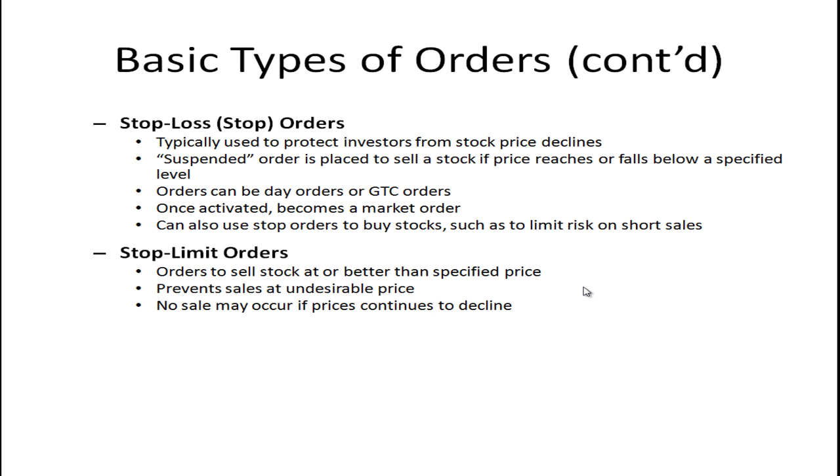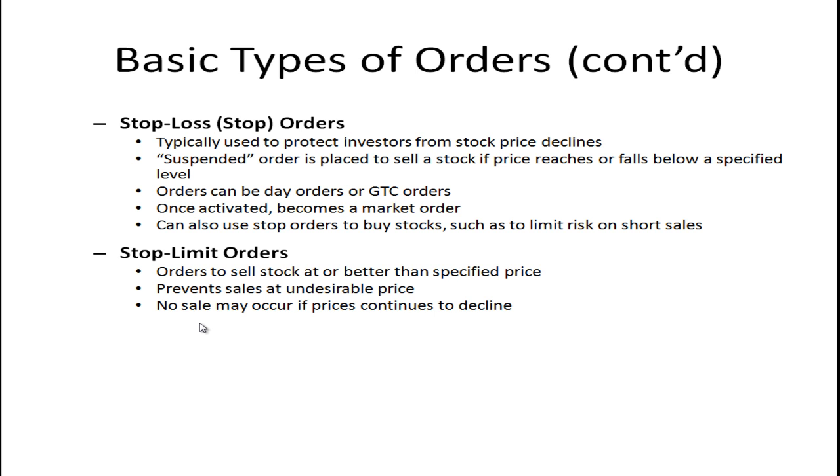So if you're selling the stock, if the price is 100, it has to be sold for 100 or more. And no sale may occur if prices continue to decline. So you're protecting yourself. If the stock goes to 0, you might be glad you had a stop loss order instead of a stop limit order.